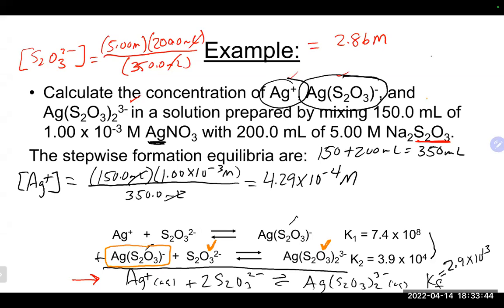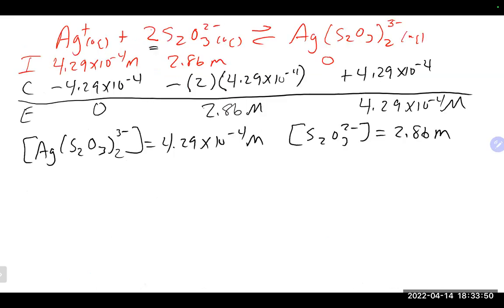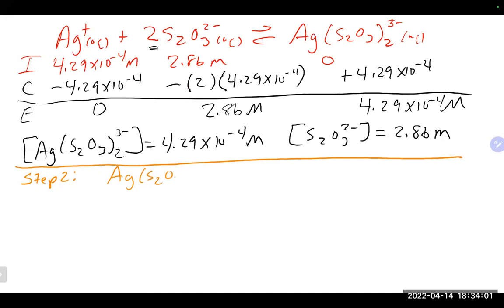I'm actually just going to go back to the second step and use the information that is there, because frankly, I could do it pretty easily. So if I go back to step 2, which is this equation, and it has this K value, which is 3.9 times 10 to the 4, I could just use my equilibrium expression for that step.